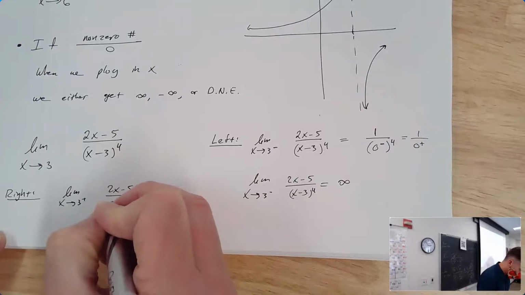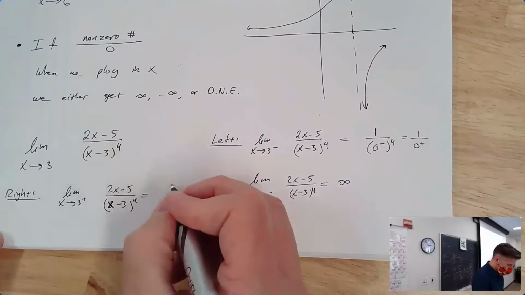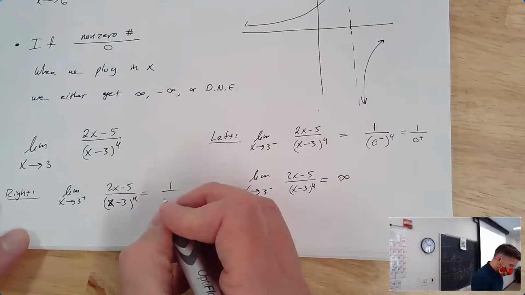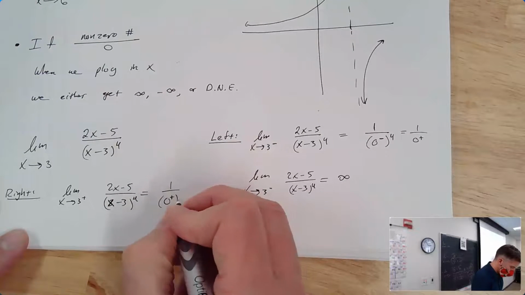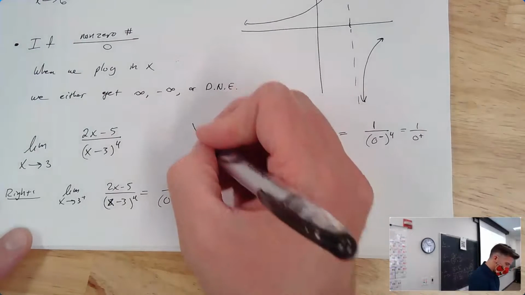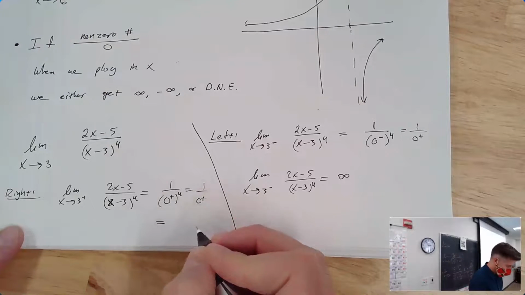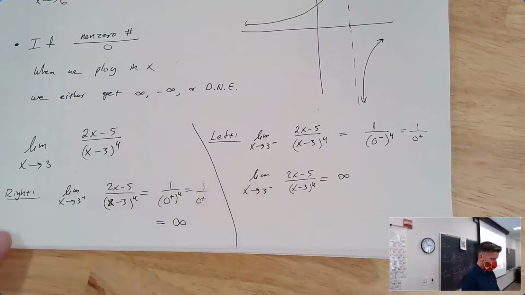Again, I'm going to get 1 on top, and a slightly positive 0 to the 4th power, which is just a slightly positive 0. So here we get also infinity.